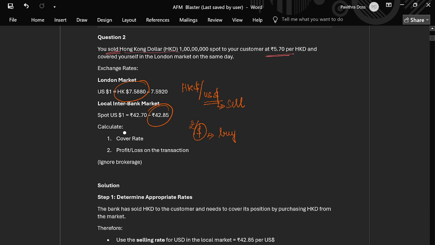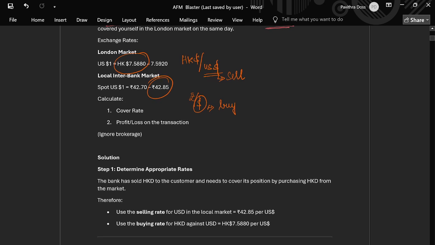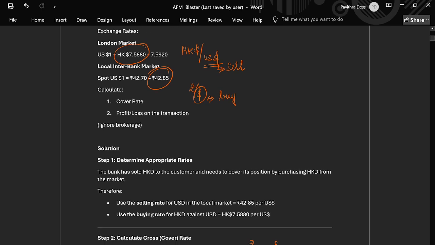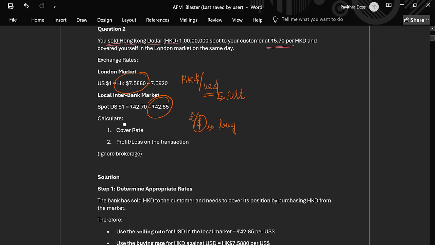Now, we have covered ourselves in the London market. So we have sold, and to cover it, what we are going to do is buy. Buy what? We are going to buy Hong Kong dollar, right? But do we have the direct quote, rupee per Hong Kong dollar?